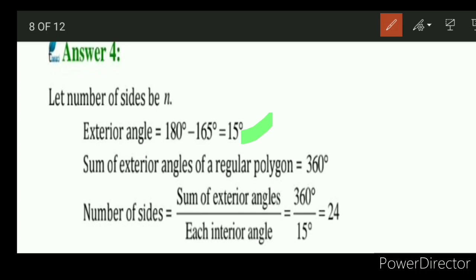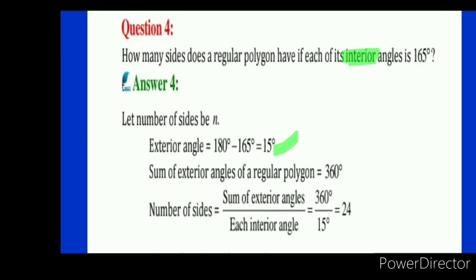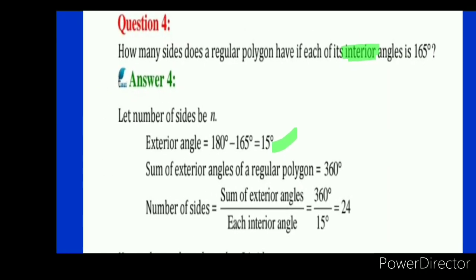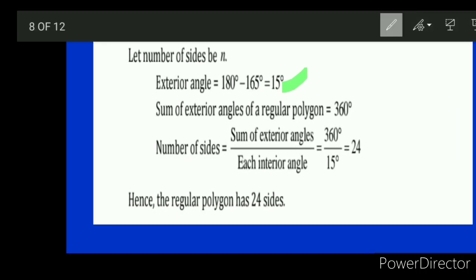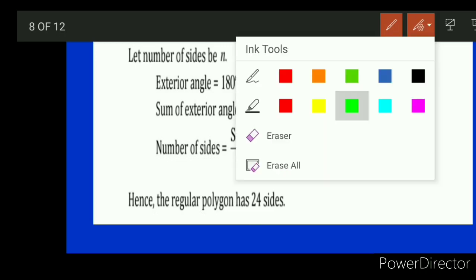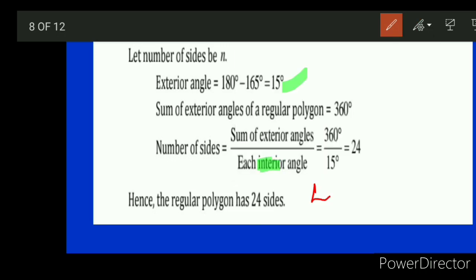Sum of exterior angles of a regular polygon is 360 degree. Therefore, number of sides equal to sum of exterior angles by each interior angle. Again, here also the same thing. So, correct it. It is what? Exterior angle.